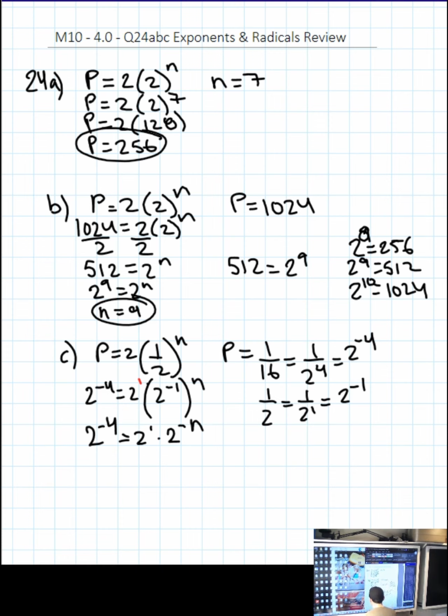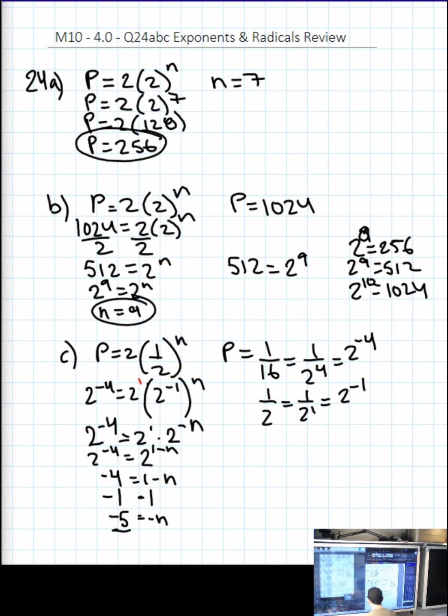So we can say 2 to the negative 4 equals, on the right-hand side, we can add the exponents together. 1 plus negative n is just 1 minus n. Then we have the same base, so we can make the exponents equal to each other. Then we can subtract 1 from both sides, so negative 5 equals negative n. Then we can divide both sides by negative 1. And n simply equals 5.